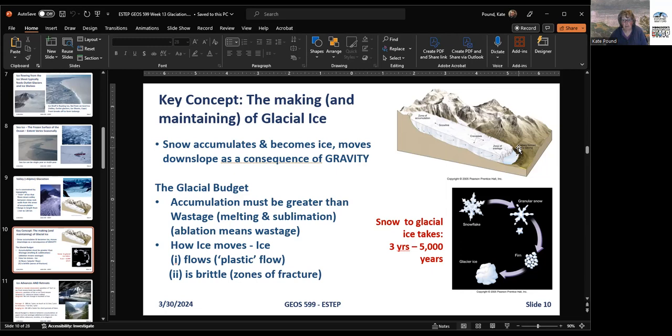If we have a retreat, that's when the ice front moves back up valley. The position of the ice front moves from here up valley away. The ice is still physically moving forward.